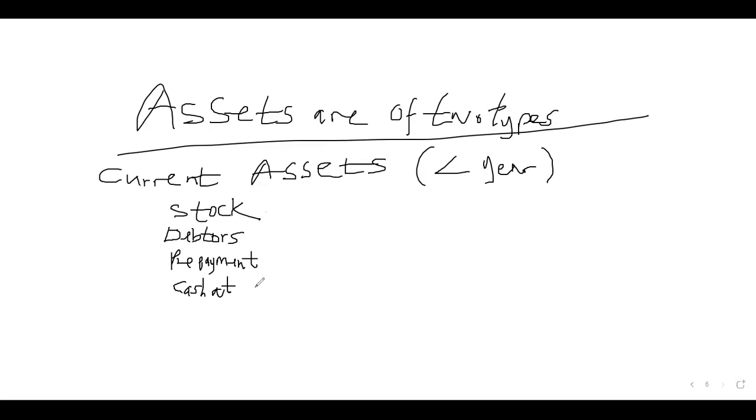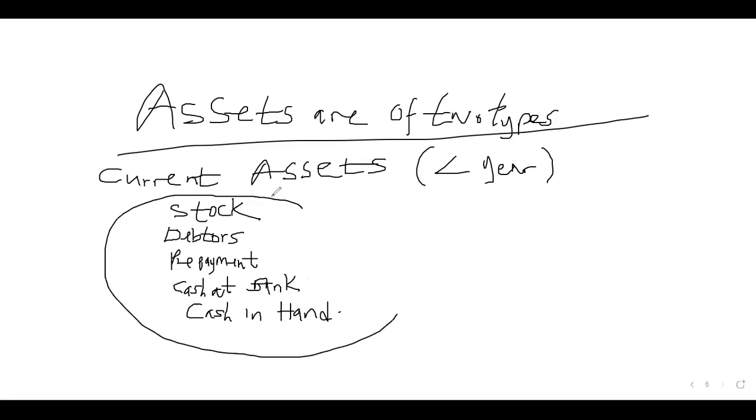And then the last one is cash in hand. So these are the assets that we need on the current basis for current assets.